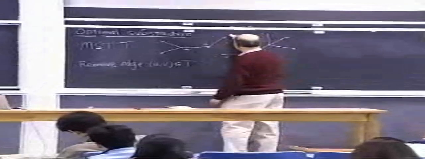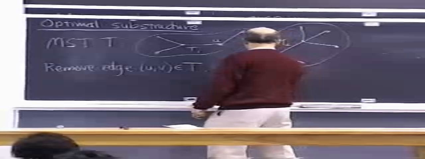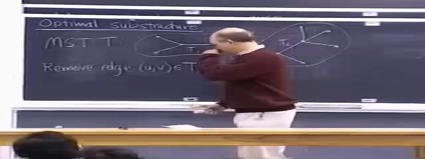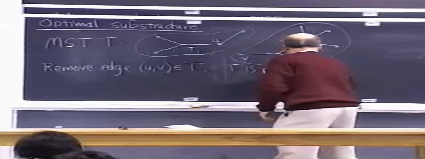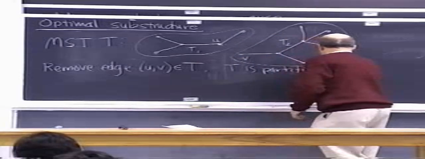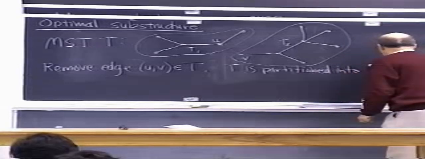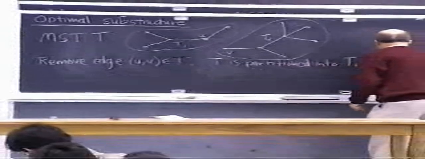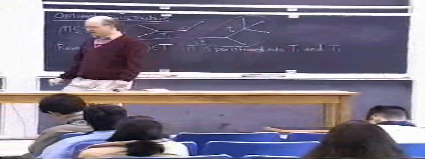Okay, so those are these subtrees. So T is partitioned into T1 and T2. Okay, and let's just look at T1 for the moment.